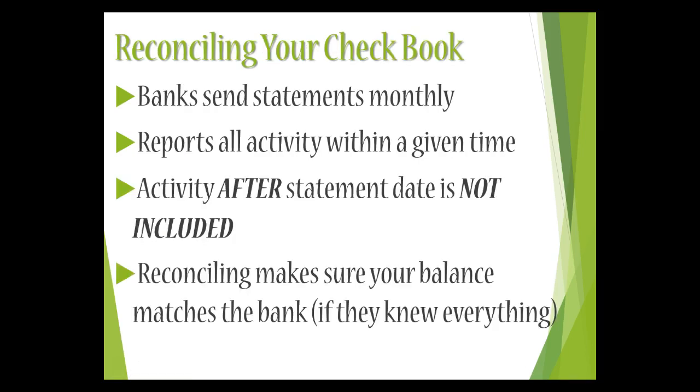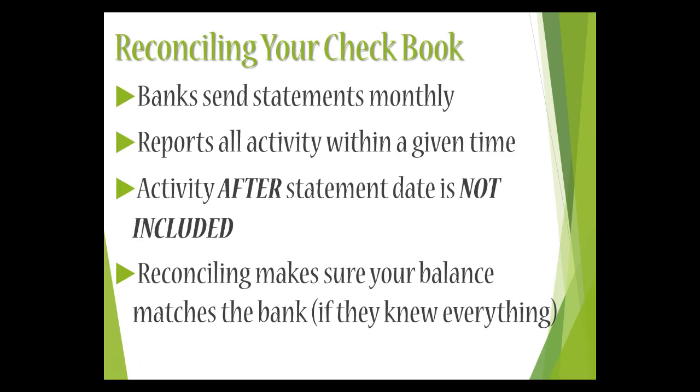Then every month you need to reconcile your checkbook. That is, make sure that your total matches the bank's total. The way to do that is to take your monthly statement from the bank and look at the activity that has happened after the statement, and add in all of the money you received after the statement date that the bank does not yet know about, and subtract all of the payments that you've made that the bank does not yet know about.